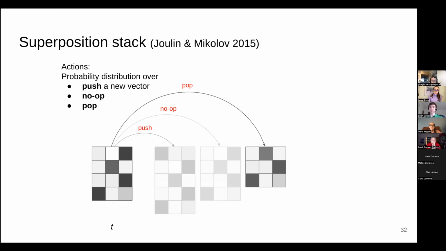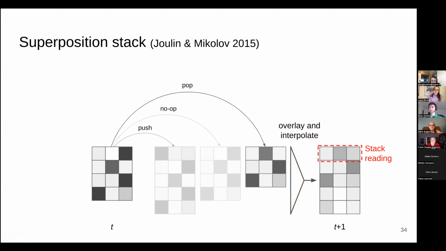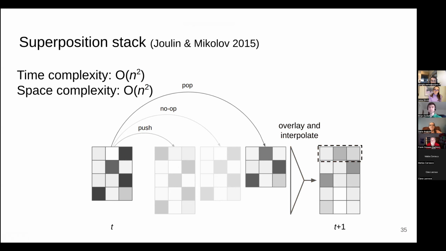The way it works is that 3 new candidate stacks are computed: one where all the elements have been shifted down, which is for push; one where all elements are the same, which is for no-op; and one where everything has been shifted up by 1, which is for pop. We then interpolate the 3 stacks according to their respective weights into a kind of superposition of the 3 stacks. In this case, the stack reading is simply the top vector element after the update. And again, this model has quadratic time and space complexity.